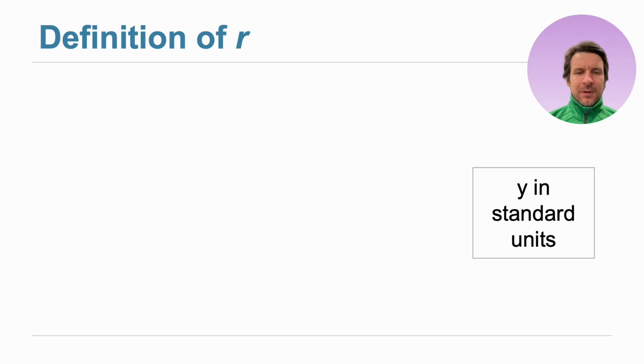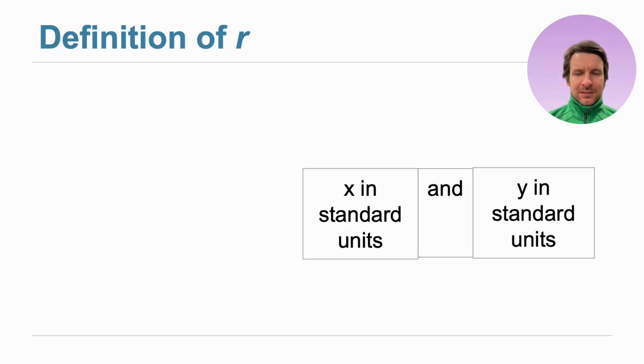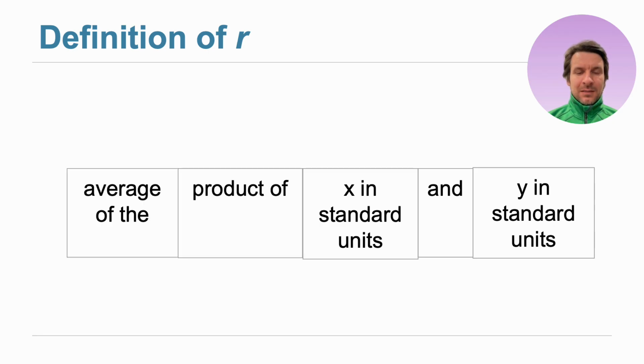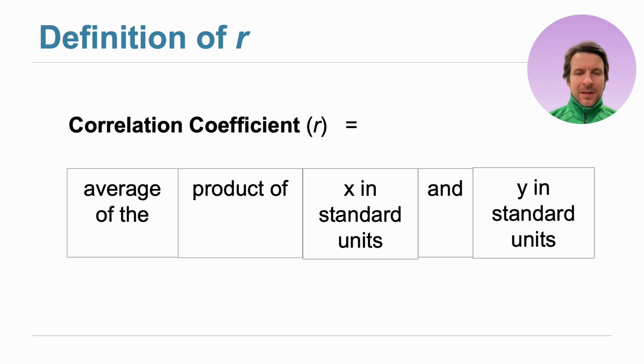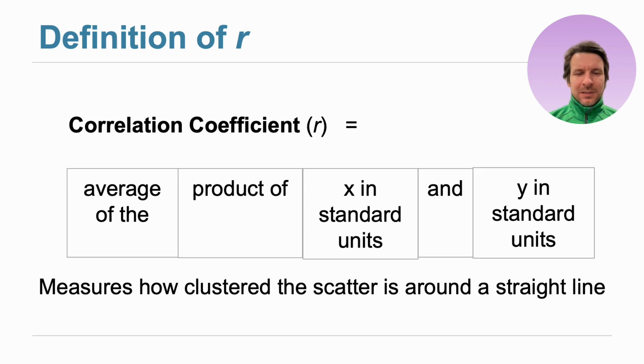You have y in standard units and x in standard units, and you take a product of these two and then take the average. You could think of it that the correlation coefficient measures how clustered and scattered the data are around the standard deviation. So here is the formula: the average of the product of x in standard units and y in standard units.